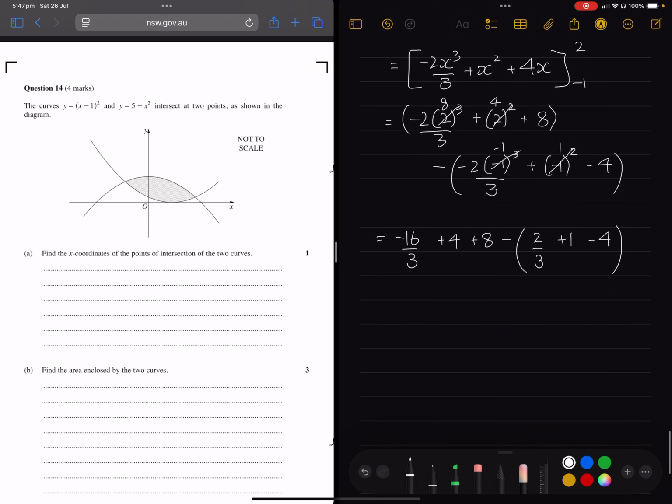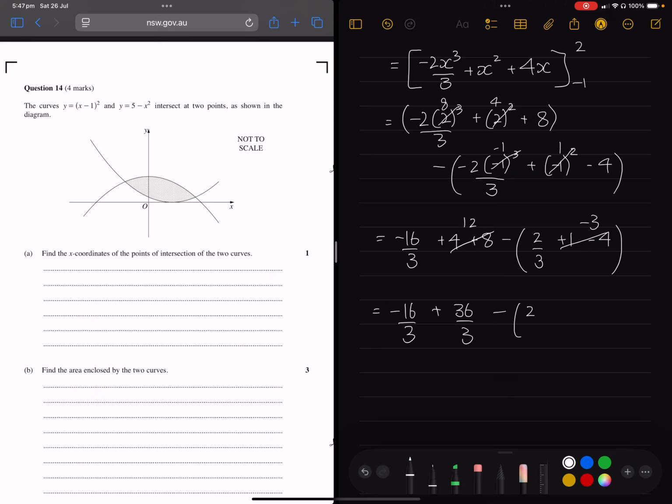And now I'm going to put these all over 3 to make this easy to group together. So we get minus 16/3. 4 plus 8 is 12. 12 on 1, multiply numerator and denominator by 3, that's plus 36 on 3. 1 minus 4 is minus 3, which is actually minus 9 on 3.